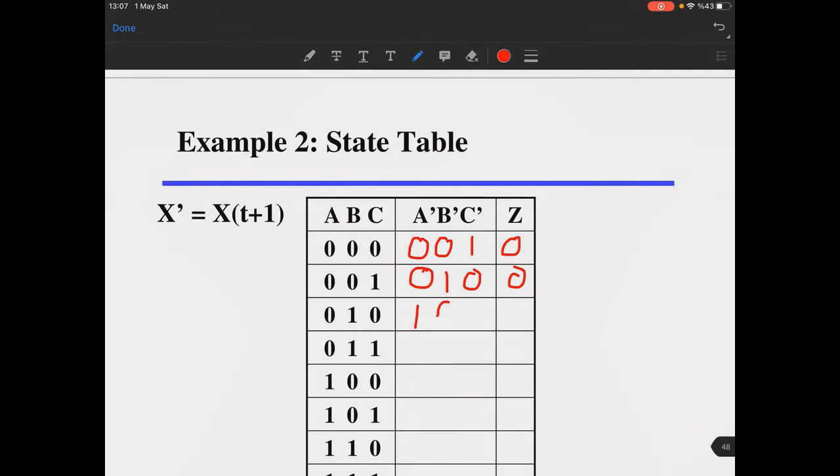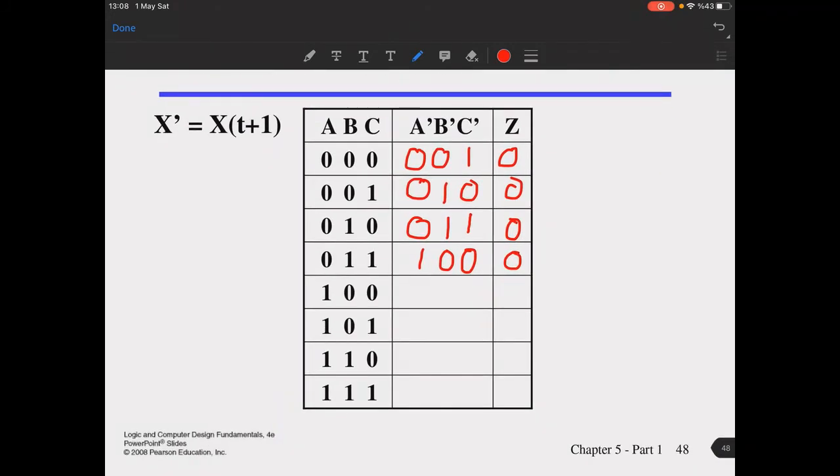But I suggest you double check it yourself as well. So 1, 1, 0, 1, 0, 0, 0, and 0, 0, 0, 1, 0, 1, 0, 1, 0, 1, and 1, 0, 0, 1.